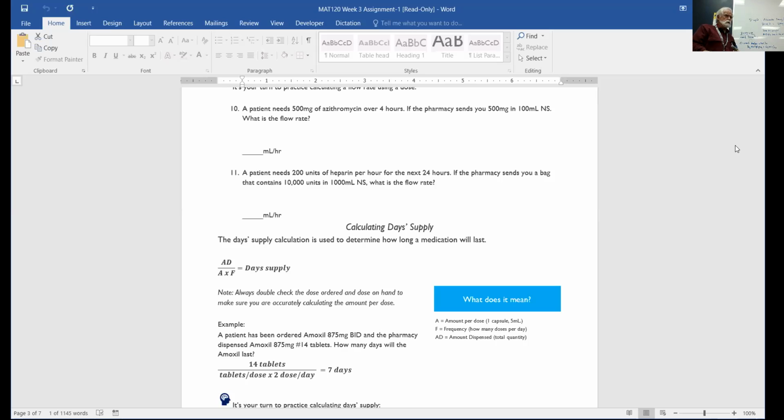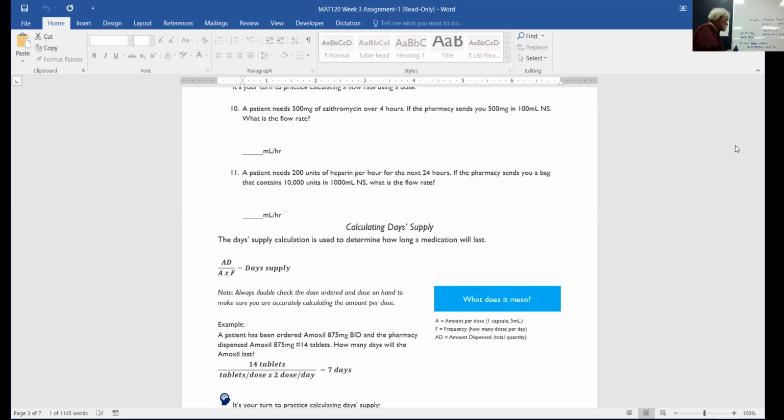But we're going to assume that this is a baby or a child rather. And the patient weight, we need that information. Patient weight equals 33 pounds. So it's a child.